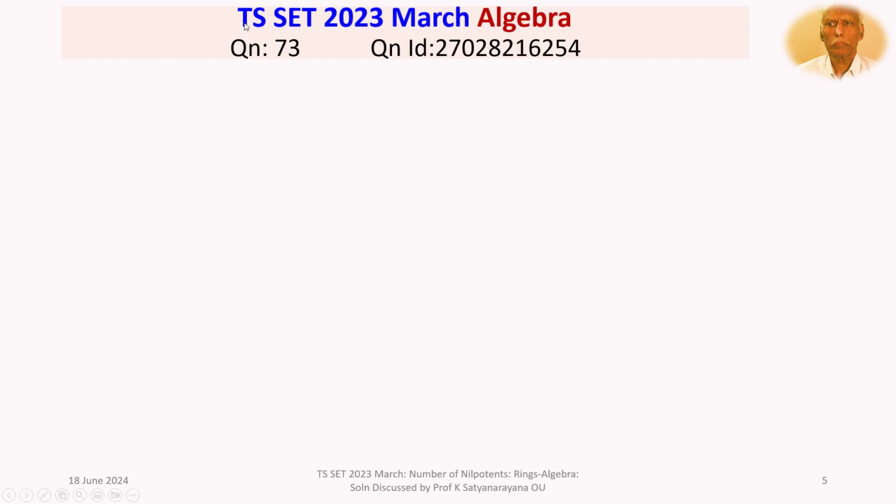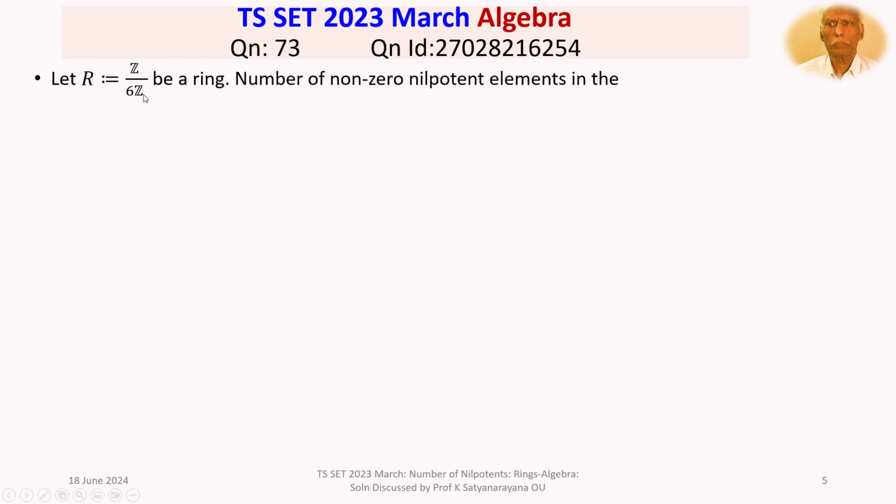Yes, this question has appeared in TS SET 2023 March and the question number is 73 with this question ID. The given question is: let R = Z/6Z, that is the quotient ring, be a ring. Then the number of non-zero nilpotent elements in the quotient ring R[x], the polynomial ring over R, by the ideal generated by x², is, we are given 4 options.